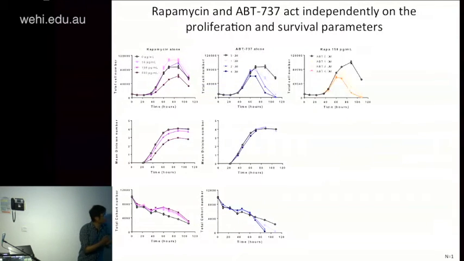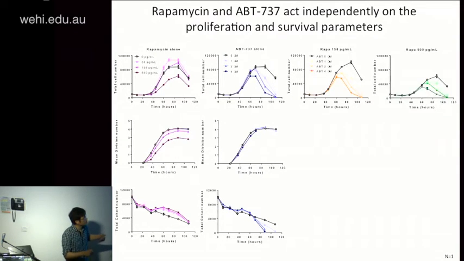If we combine these two drugs, this is rapamycin at 158 picograms per ml with increasing ABT-737 concentration, and you can see a dose-dependent decrease in the total cell numbers by ABT-737. At rapamycin 500 picograms per ml, you see that same effect as well.